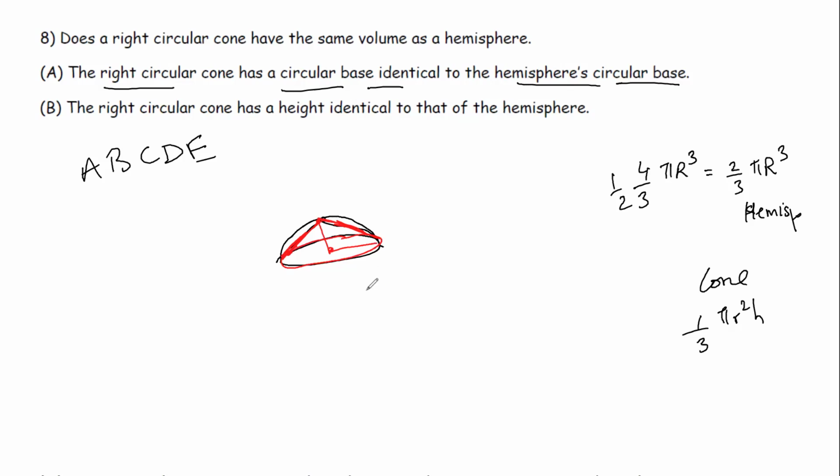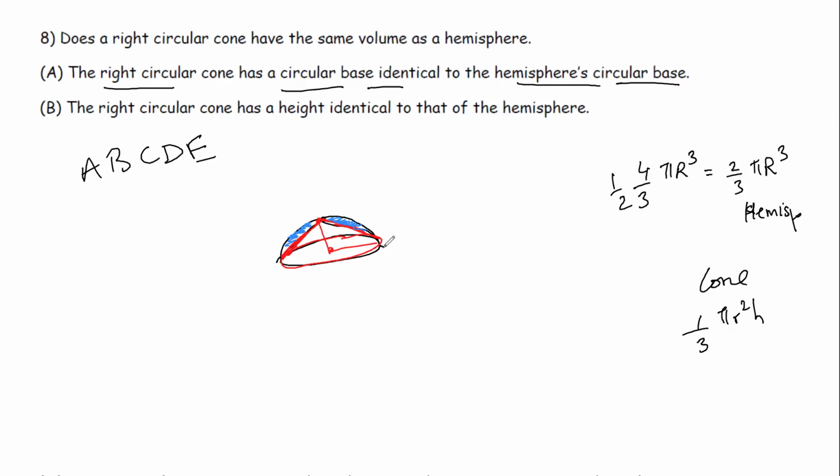So if this is a situation, then definitely we know that the volume of the hemisphere is not the same as the volume of the cone, because there is this blue color region which the cone is not able to cover, right? And that's the extra portion in the hemisphere, all right? So again, you'll have to go into three-dimensional and imagine these things, right?